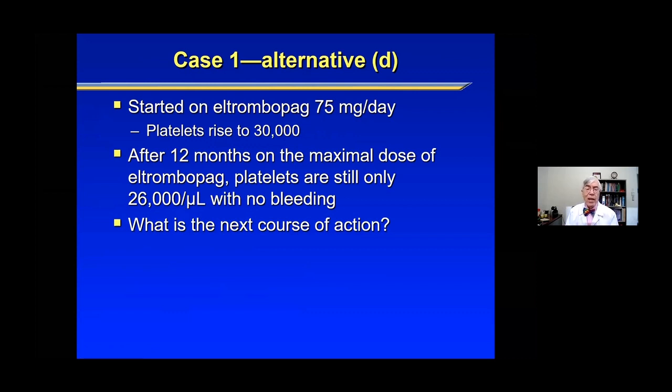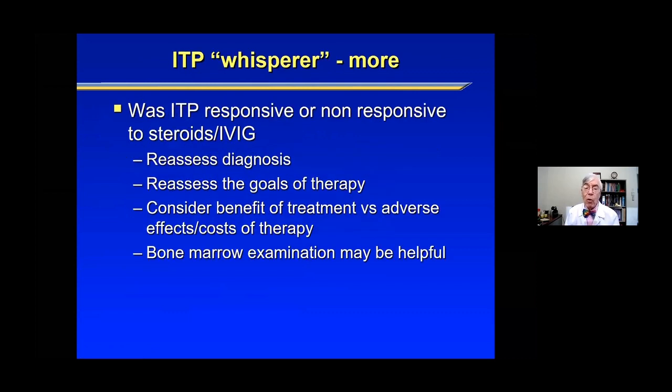And here's where I go back to my ITP whisperer mode again. What I do in this situation is I sit down with the patient and say, was the ITP initially responsive or non-responsive to steroids? Her disease was highly responsive to steroids, so I think she has ITP. But in this situation, for some patients who haven't responded well to steroids or TPO-RA, you've got to reassess the diagnosis.